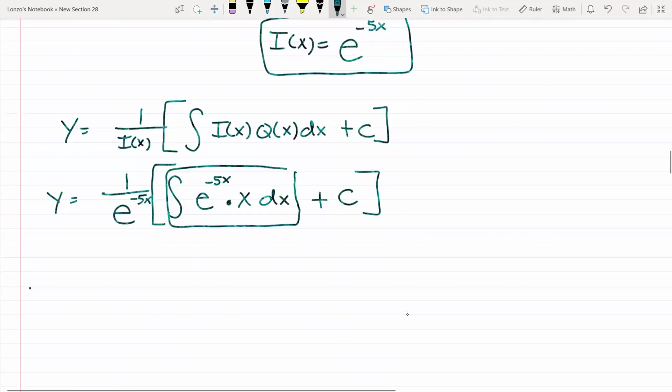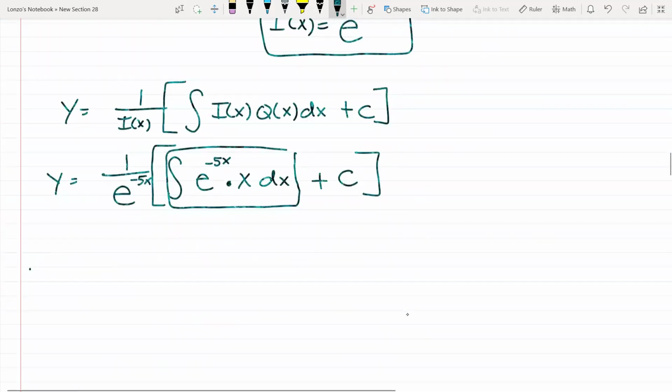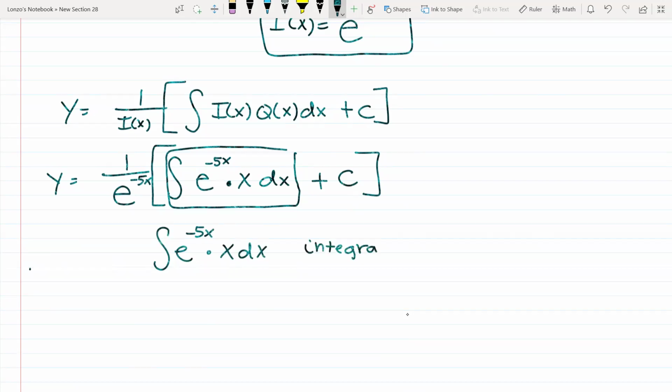Okay, so how do we take the integration of this part right here? How do we take the integration of that? Yes, if you said integration by parts, you're correct. Okay, so for integration by parts, if you forget, it's this formula.